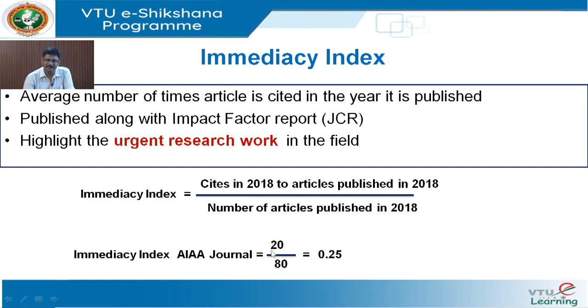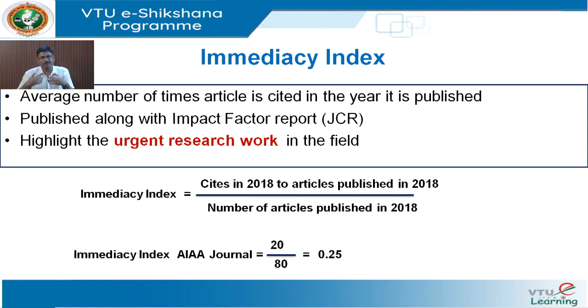So the chances of getting citations for articles published in the first quarter or the second quarter of the year will be more, because any article to receive citations requires some time. Whereas if the area of research is very urgent, for example your COVID research, then COVID research articles get citations immediately, because it was very critical and emergent in nature.